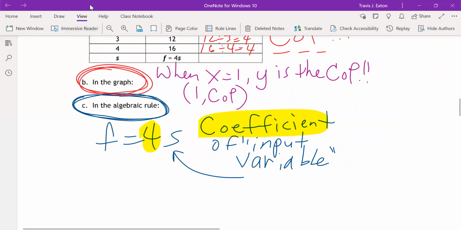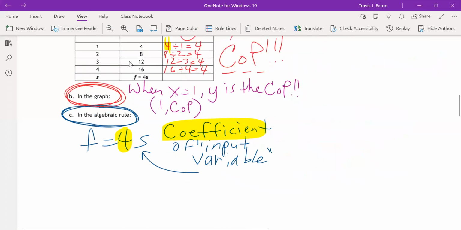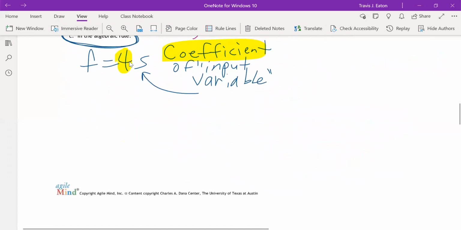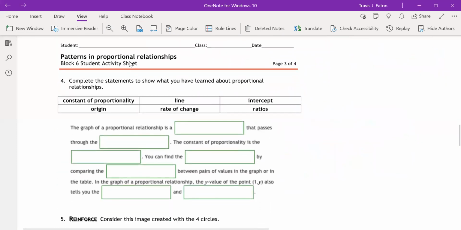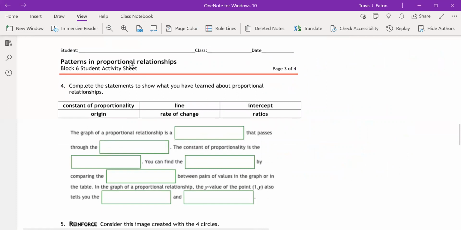Okay. Zooming back out. Moving on to the next question. We don't have time to answer this next question because it is sort of a long one. But I'm going to challenge you to do your best to complete question number 4 before tomorrow, before our next lesson.